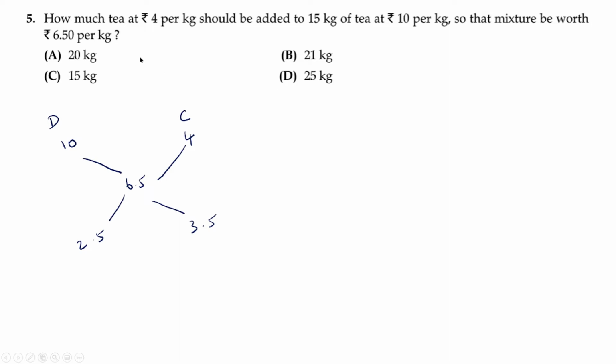So here it is asked how much tea at rupees 4 per kg, so how much of this cheaper quantity should be added to 15 kg of tea at rupees 10 per kg, so that the mixture is this much worth. So the required quantity is 3.5 upon 2.5 into 15.